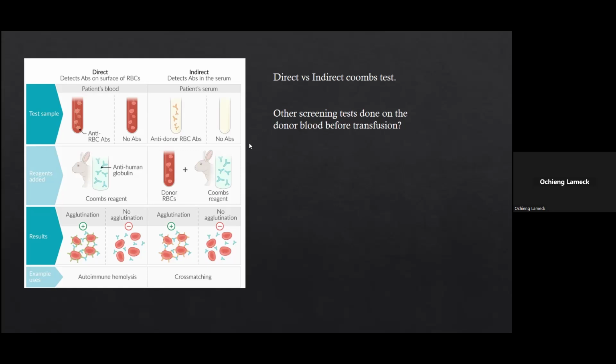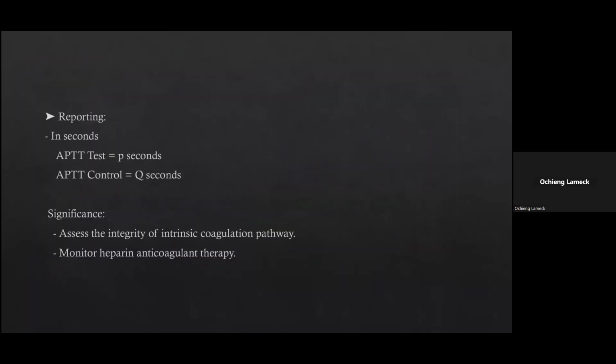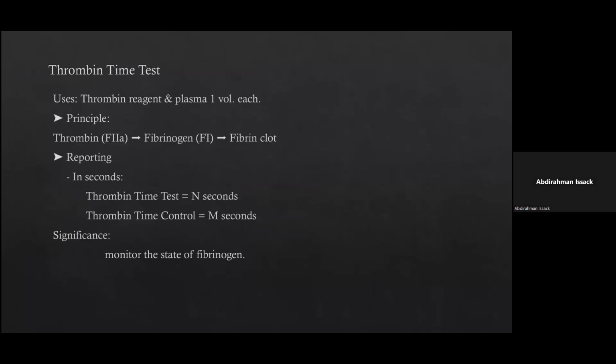I'm asking, can you complement the effect of the fibrinolytic pathway on bleeding disorders? Like if you have excessive fibrin. We said the thrombin time test is used to assess the state of the fibrinogen. Okay, what was your question?